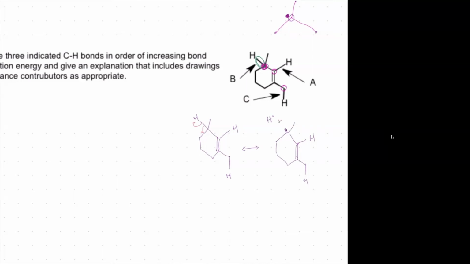With me so far? Okay, perfect. So then we're gonna take this radical and put it right here. And we're gonna take half of this bond and put it right here. Oh, I see it. Yep.